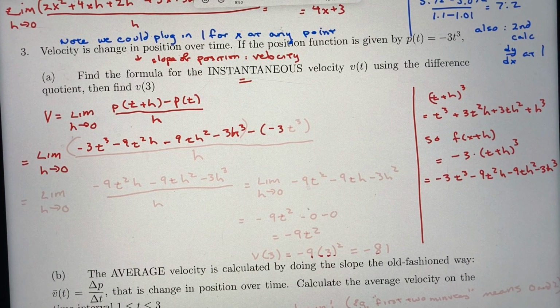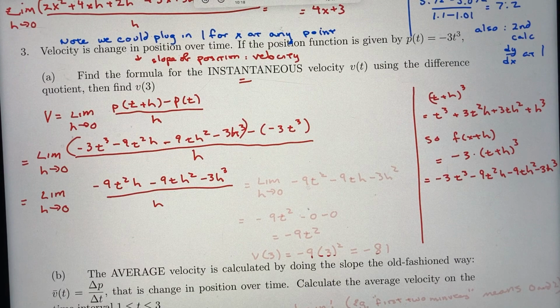Be careful when subtracting. Again, I strongly suggest putting the original function in parentheses and the thing you're subtracting in parentheses. It helps cut down the arithmetic mistakes. The negative 3t cubes cancel. And the rest of it all has h's.